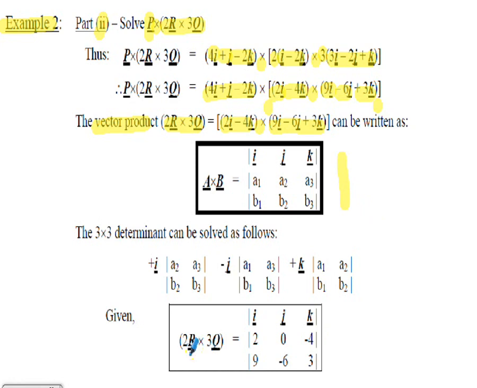In this particular case, the vector a would be the 2r, so the coefficients of vector a would be 2 in the i, 0 in the j, and minus 4 in the k. And for vector 3q, in our case, we'll get 9 in the i, minus 6 in the j, and plus 3 in the k. Now we're ready to solve our vector product of 2r crossed with 3q.